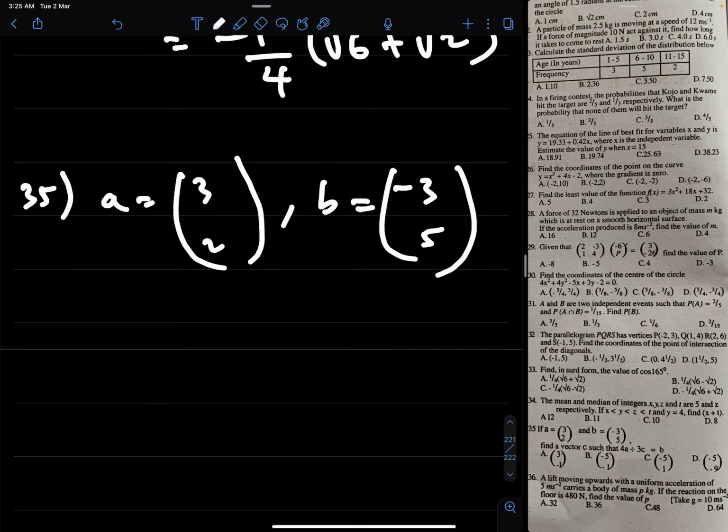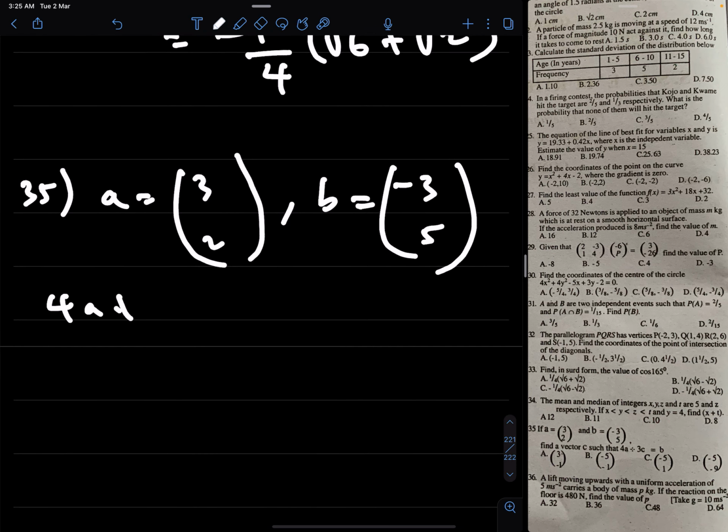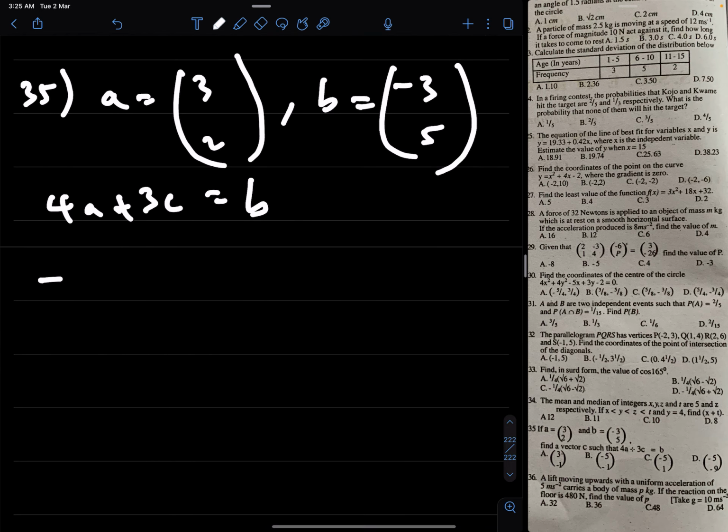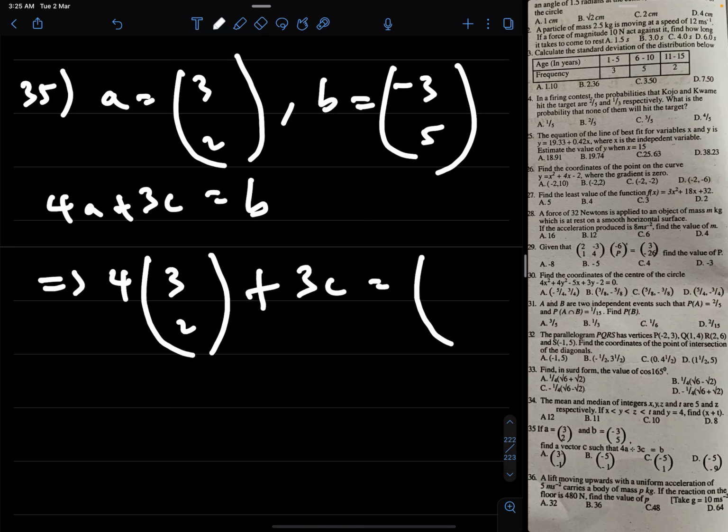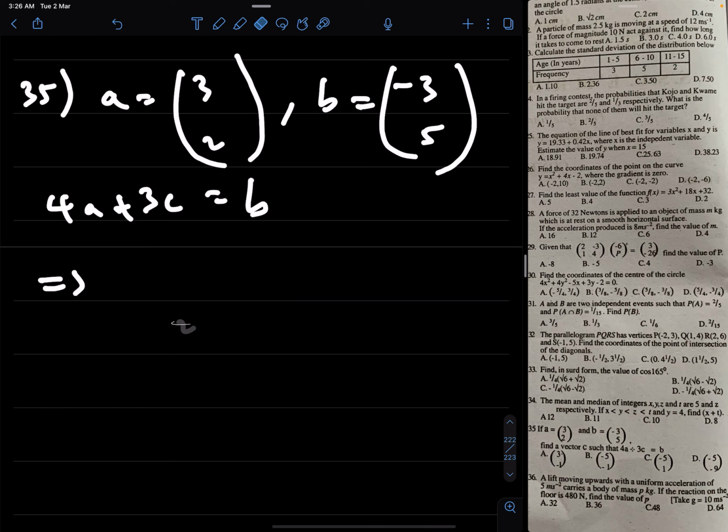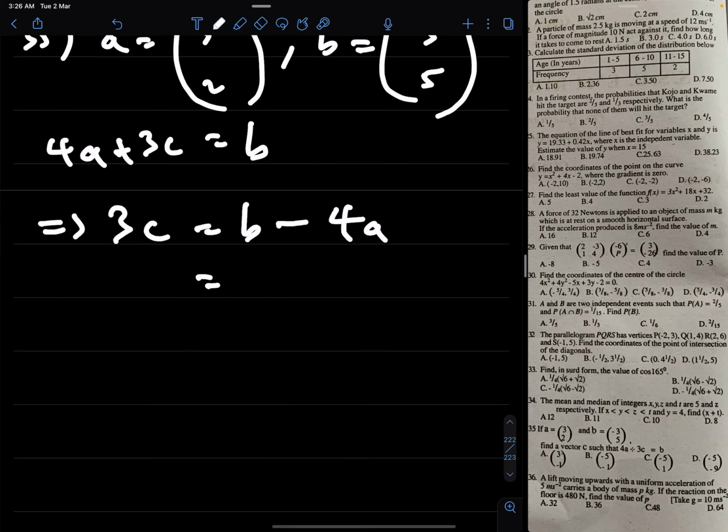Find a vector C such that 4A plus 3C equals B. I think I should just write this first of all. If 4A plus 3C equals B, that simply means 3C equals B minus 4A.